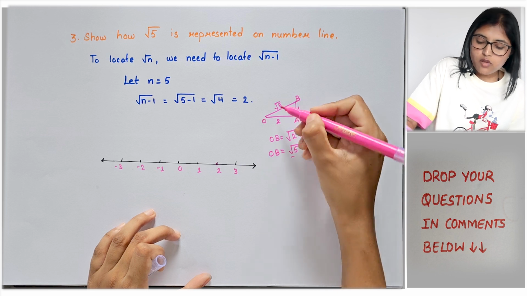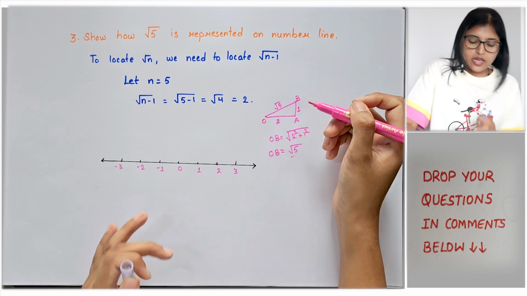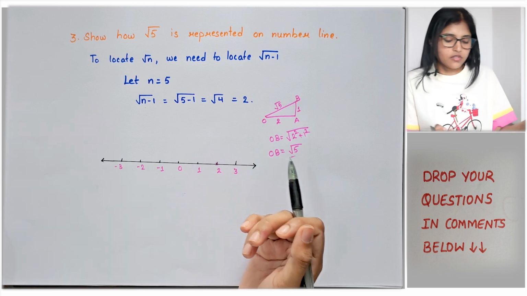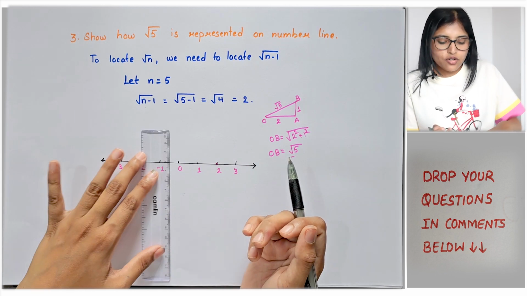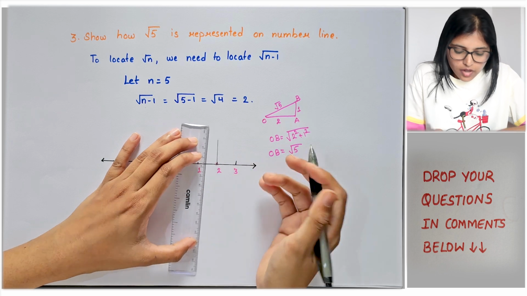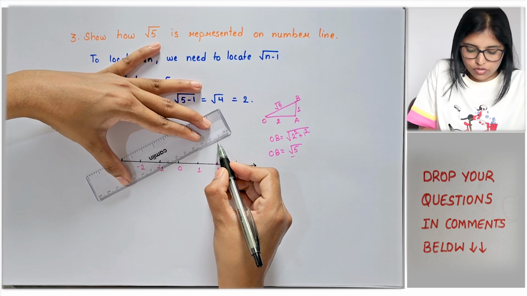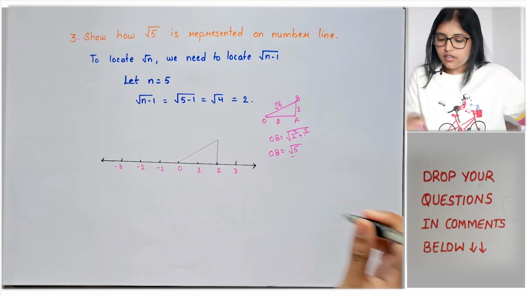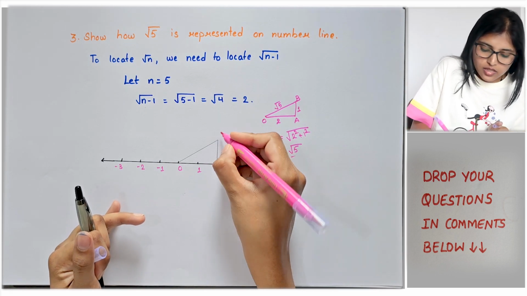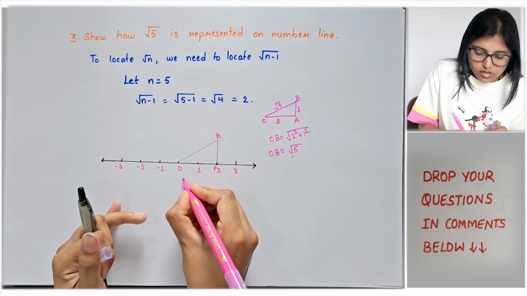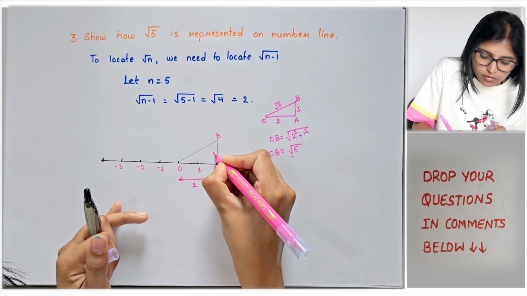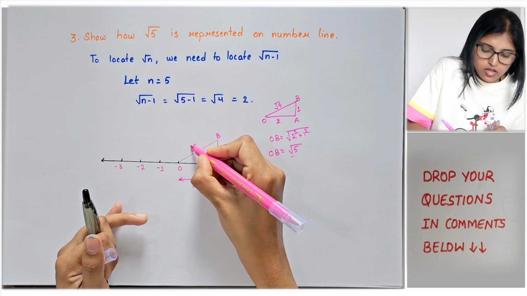So that is how I've written the value of OB as root 5. Now let's construct this triangle on our number line starting at 2. So let's say that this is around 1 unit, and if I'm going to draw my right angle triangle over here, this is O, let's say 2 is A and this is B, so that would be 2 units, this would be 1 unit, and that would be root 5 units.